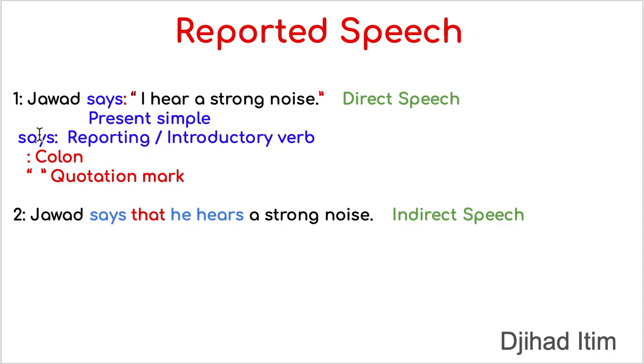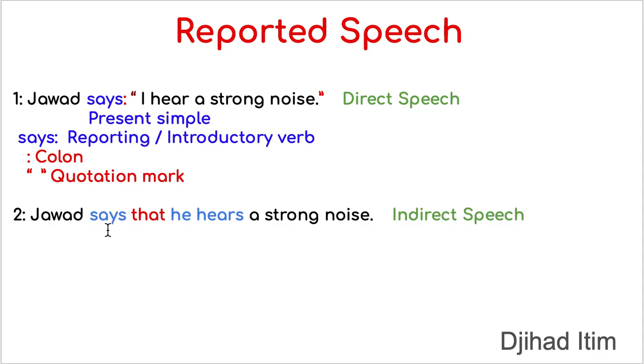Direct speech. So we report it to the indirect speech. We rewrite it in another form. So we say, Jawad says that he hears a strong noise. We have the subject, the introductory verb says, and then we omit the colon and the quotation marks and we add that.